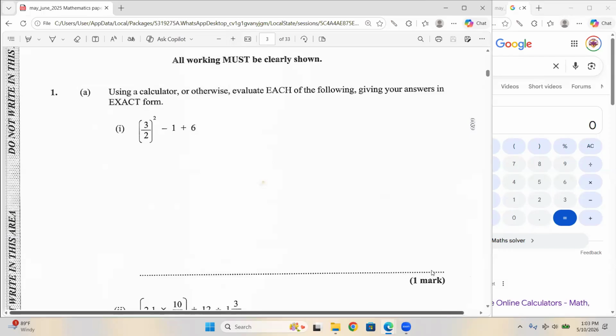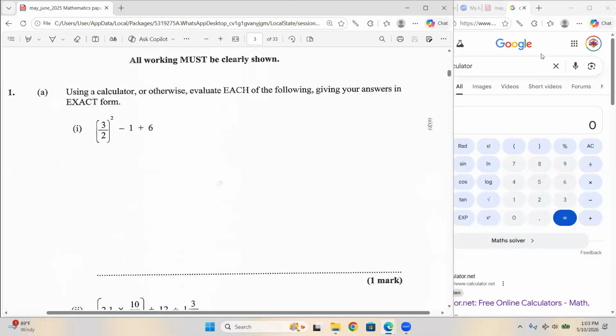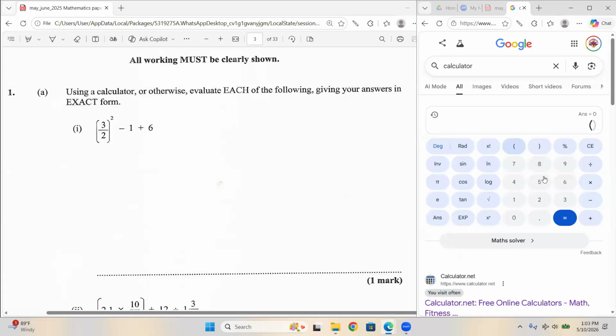But yeah, we could put this in the calculator, and how I would put it is open brackets, 3 divided by 2, close brackets squared, take away 1 plus 6.